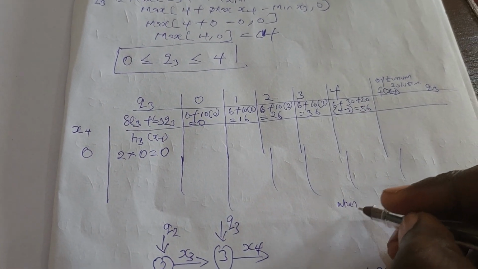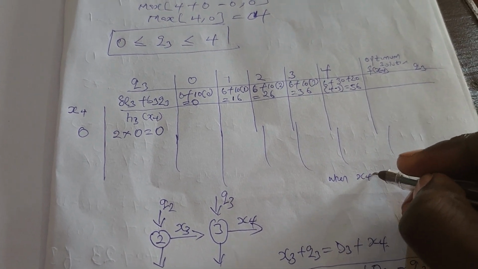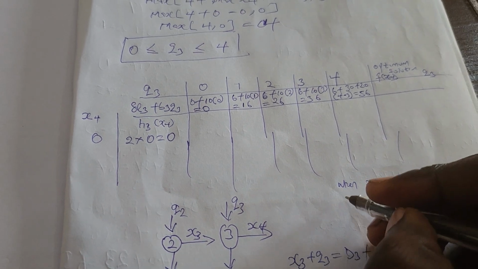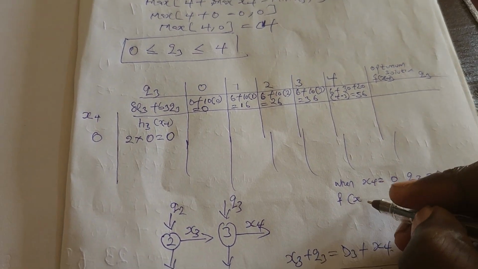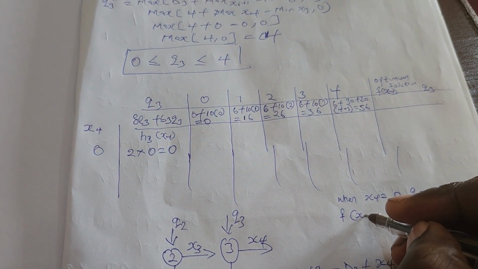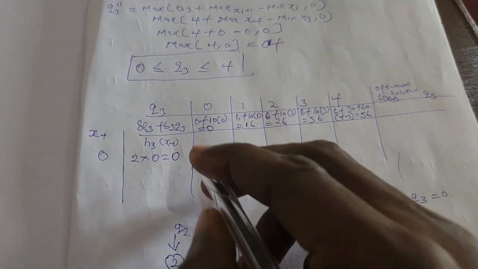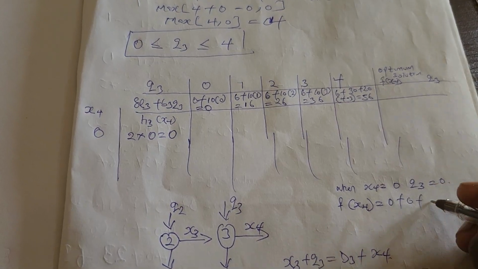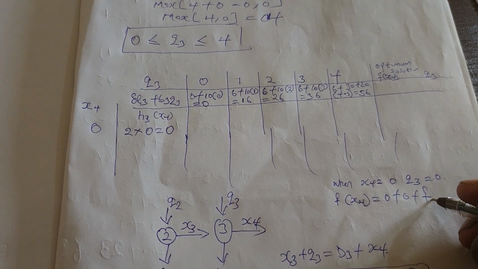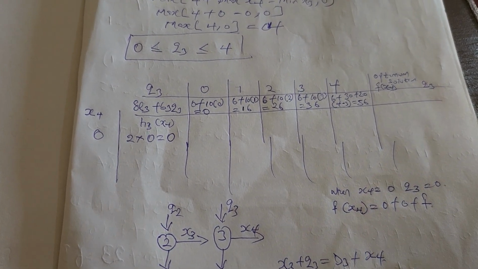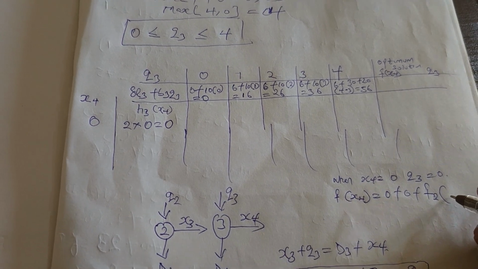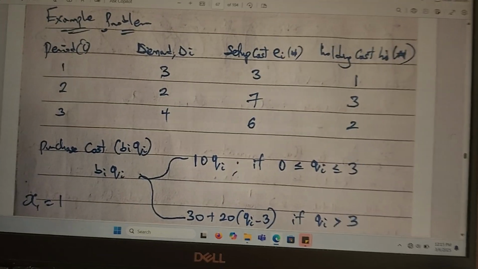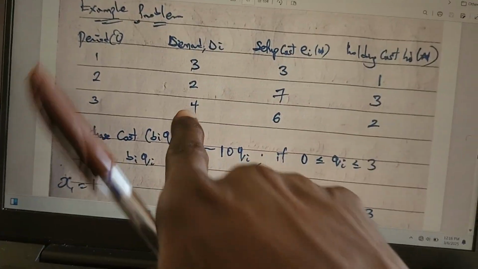When X4 is equal to 0 and Q3 is equal to 0, our f of X4 is equal to our purchase and setup cost at that point, which is 0, our holding cost is 0, plus f of (3 minus 1), that's 2. 0 plus my demand at period 3 is 4.